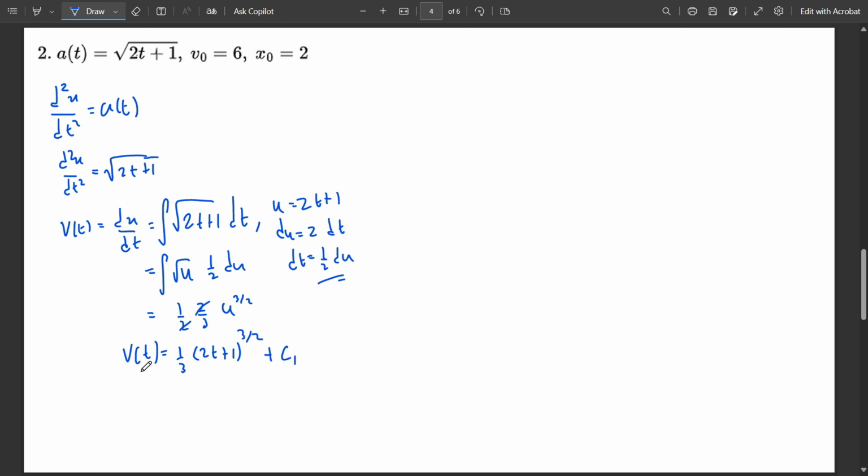Again, we need a particular solution, so we have v of 0 equals v initial. We find v of 0 equals 1 over 3 times (2t plus 1). Wait, this is 1, not t, so we have 2 times 0 plus 1 to the 3 over 2 plus c1.